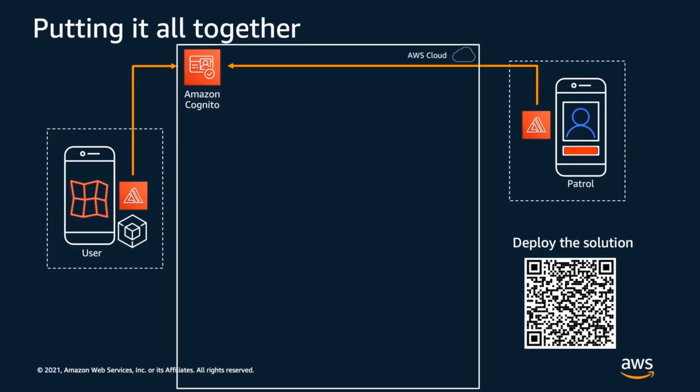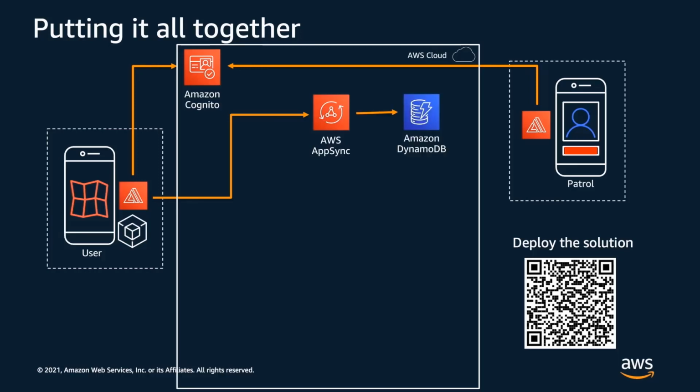On the AWS cloud, we have Amazon Cognito for authentication and authorization purposes. The user application connects to AWS AppSync to store the user information once it is created. That information is sent back to Amazon DynamoDB, which is our data store at this moment.